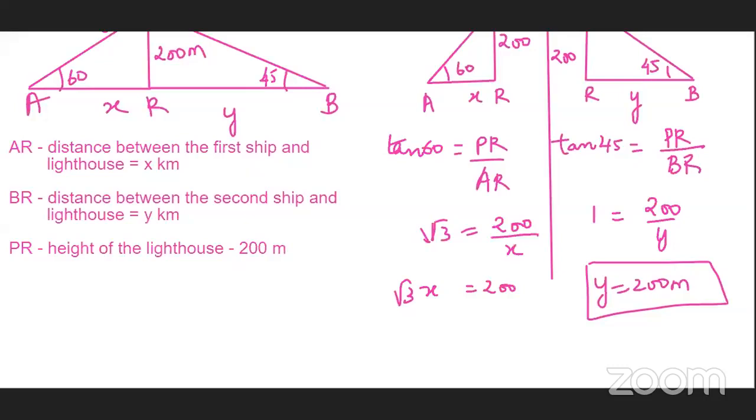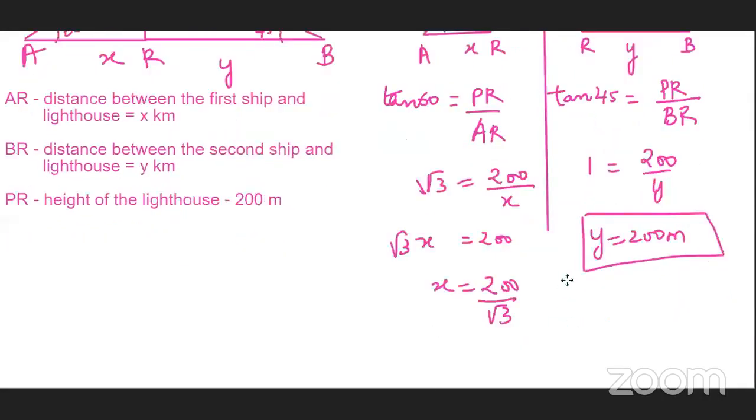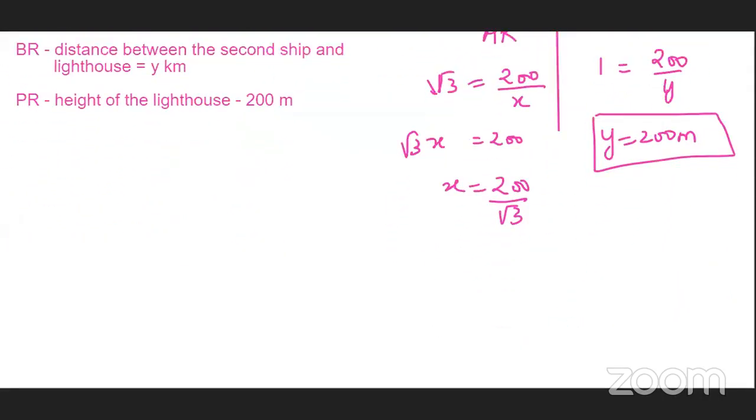Yes? Yes, ma'am. Now I can't leave the answer X as such. I need to rationalize it. It's very important that we rationalize it. So if I rationalize it, it's going to be 200 √3 divided by 3.